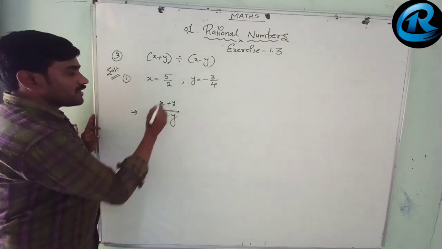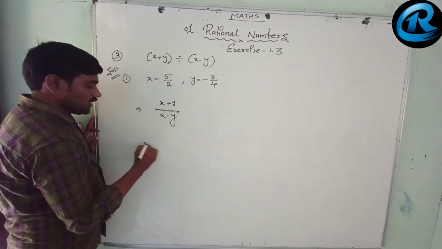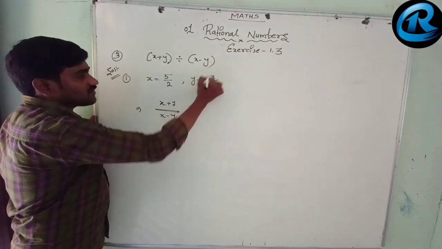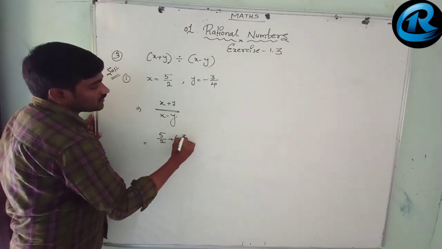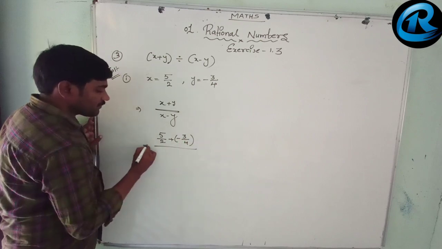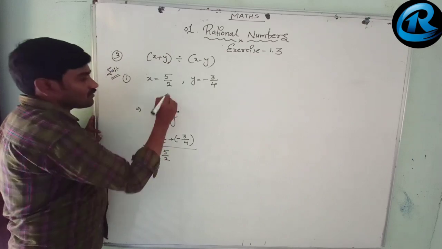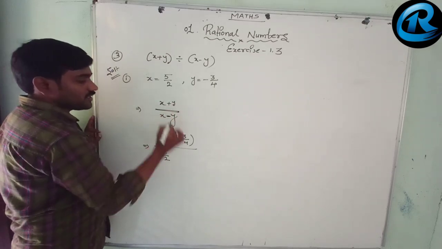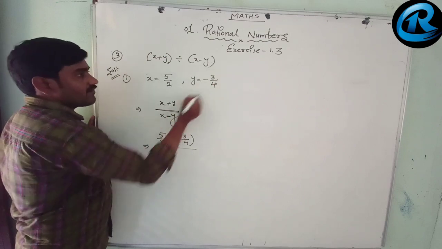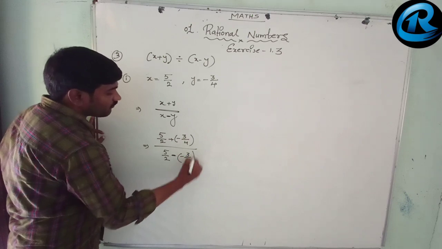So let us do it. What is x plus y? Here we have to substitute 5 by 2 in place of x. So we write 5 by 2 plus y value, which is minus 3 by 4, whole by x minus y: here x value is 5 by 2, minus, and we have to write the y value here, minus 3 by 4.